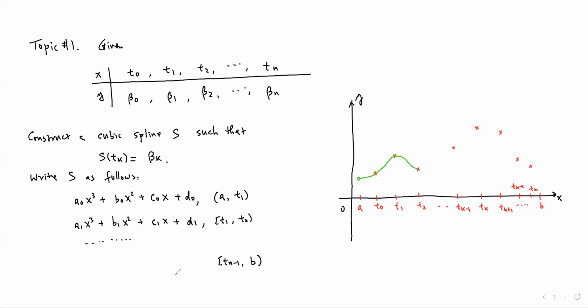Now I want to find a polynomial through these 2 points. Over this interval, let me assume the cubic polynomial is A(n minus 1) x cubed plus B(n minus 1) x squared plus C(n minus 1) x plus D(n minus 1). This is S.